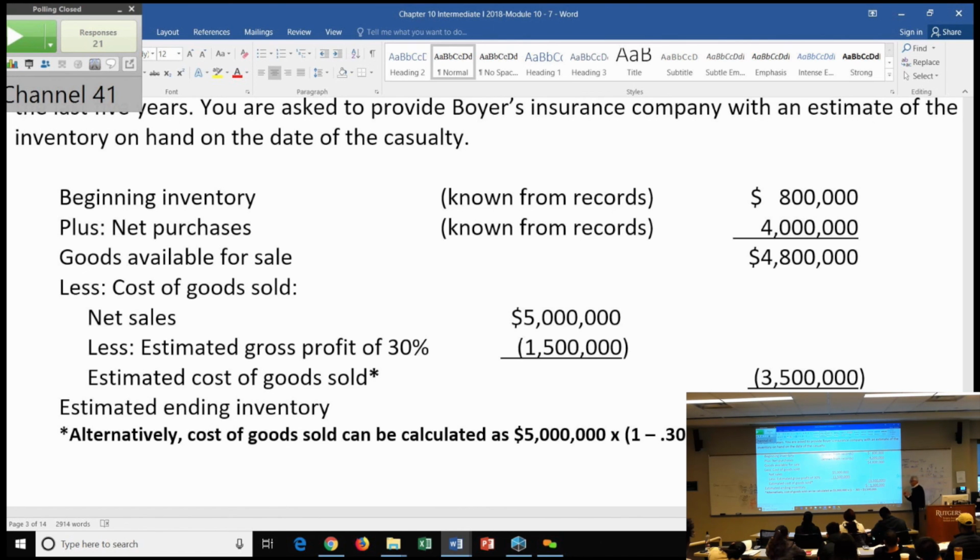Now, the other way I could have done this, and you will be correct no matter which way you do it, is to say, look, I know that the markup on selling price is 30%, the gross profit margin. If I take 1 minus the markup on selling price, or 1 minus the gross profit margin, I've got the cost of goods sold percentage.